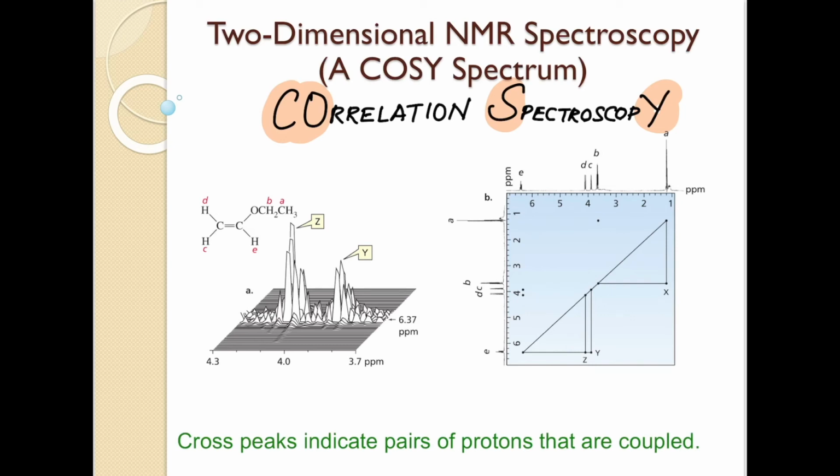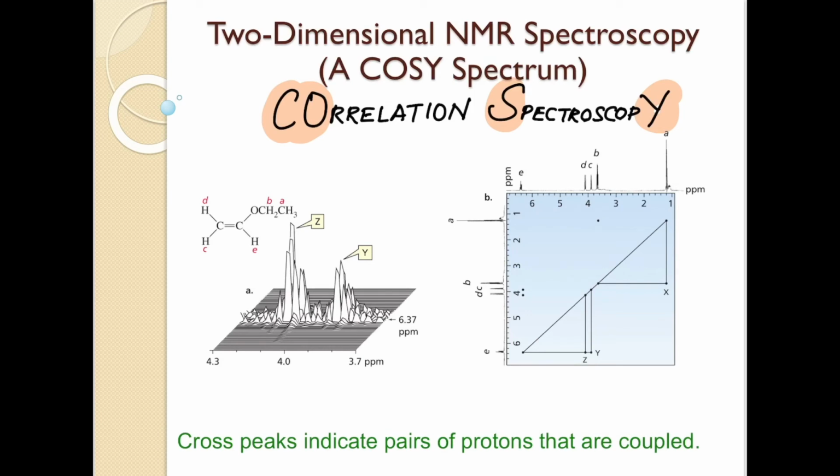Apart from DEPT, we also have some sophisticated two-dimensional NMR spectroscopy, which will help us to interpret the NMR spectrum very clearly. And one of those techniques is the COSY spectrum, which is the short form for correlation spectroscopy.